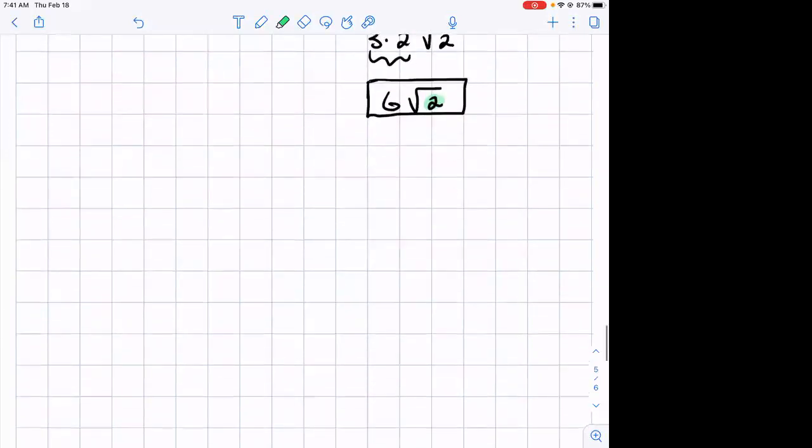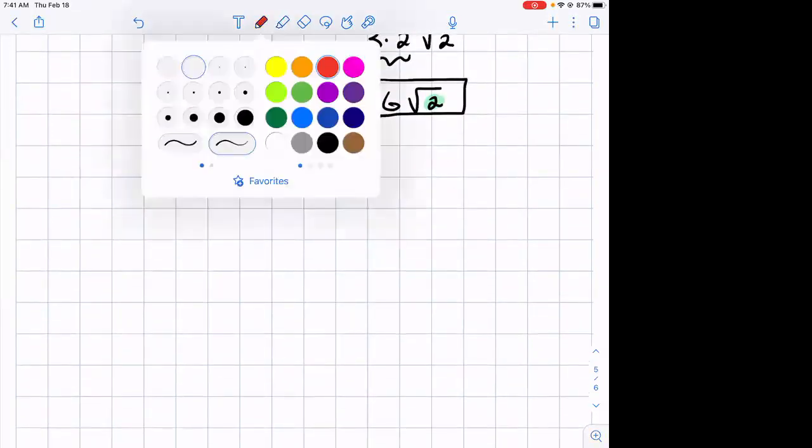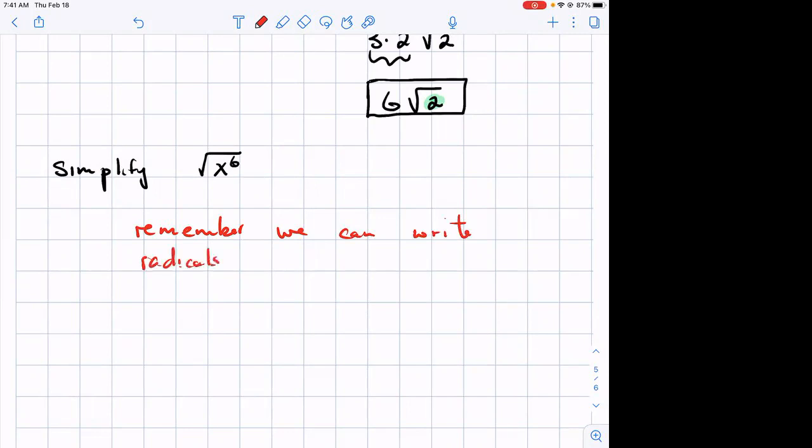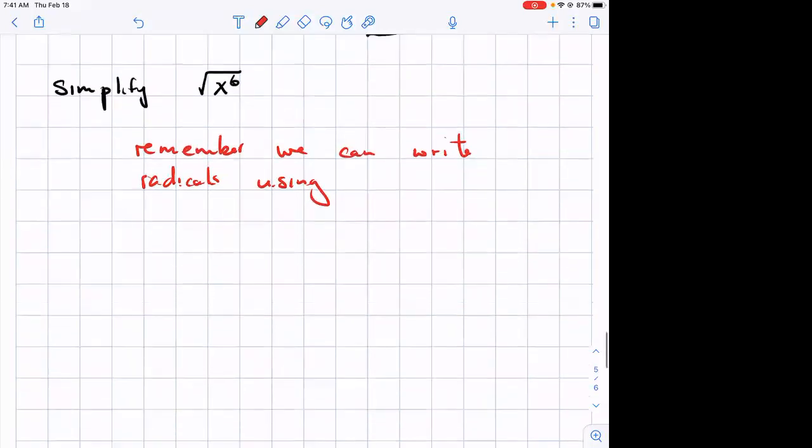Now, what happens when we have letters? Suppose I ask you to simplify the square root of x to the 6th. Now remember, we can write radicals using exponents.